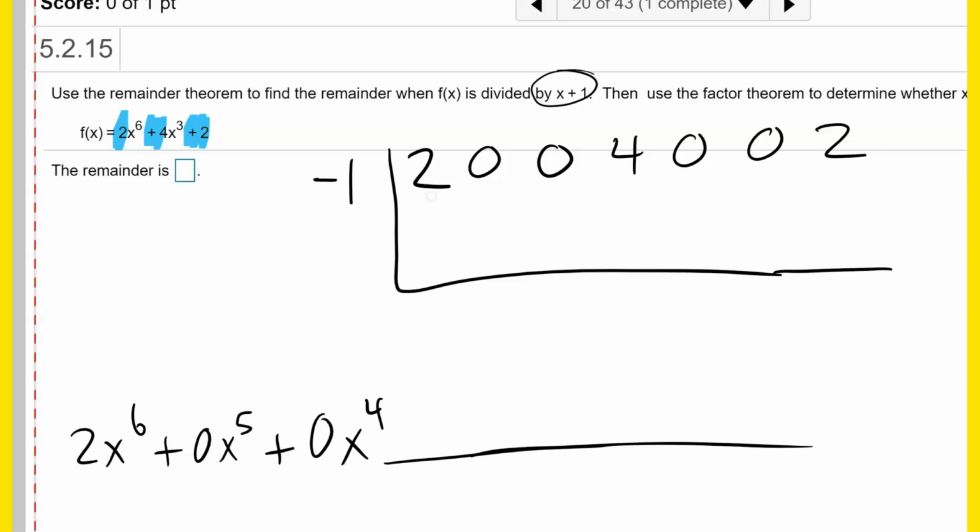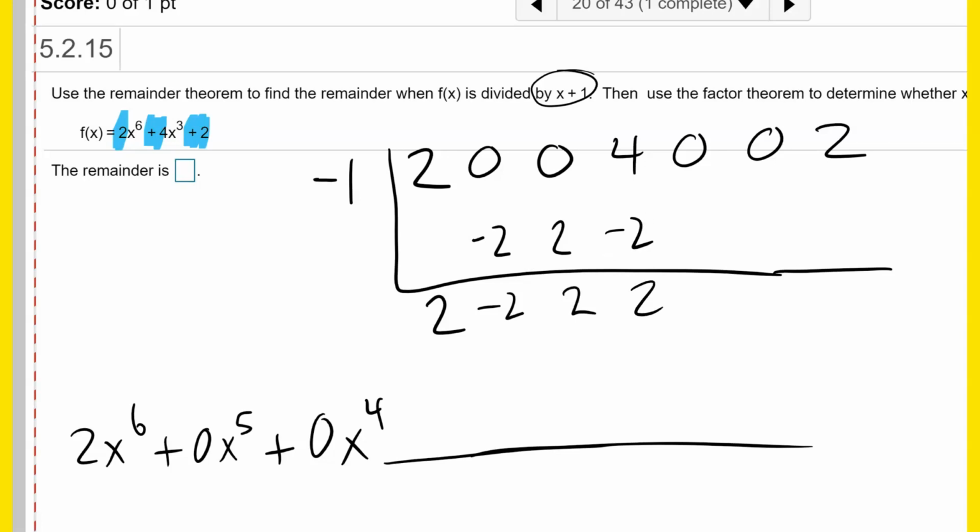All right, 2 plus nothing is 2. -1 times 2 is -2. 0 plus -2 is -2. -1 times -2 is 2. 0 plus 2 is 2. -1 times 2 is -2. 4 plus -2 is 2.